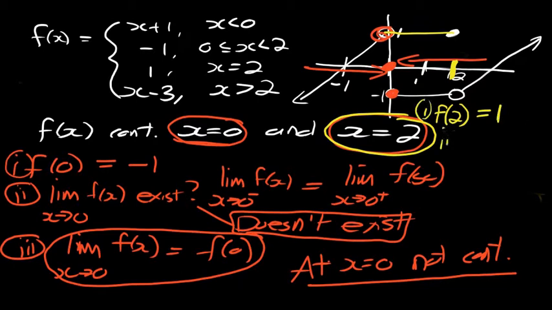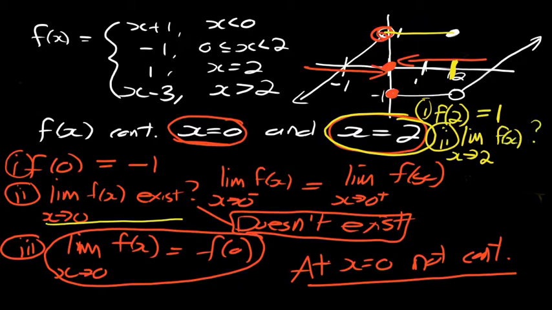Now remember the second test: does the limit as x approaches 2 of f(x) exist? So does the limit as x approaches 2 from the positive and negative side for f(x) exist?